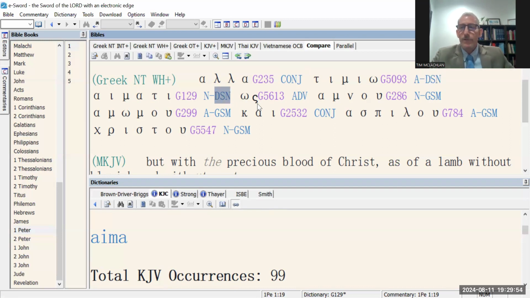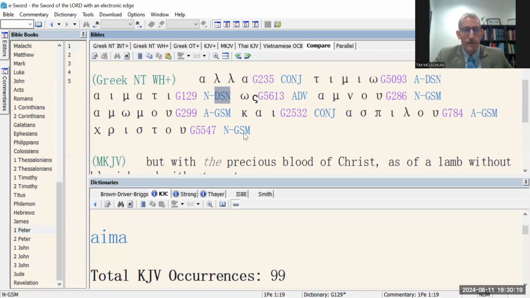If you're looking through your software and putting things together, the nouns will always match the adjective in the case and the number, that's singular, dative, singular, and the neuter, the gender. N is neuter, but you also have masculine and feminine.